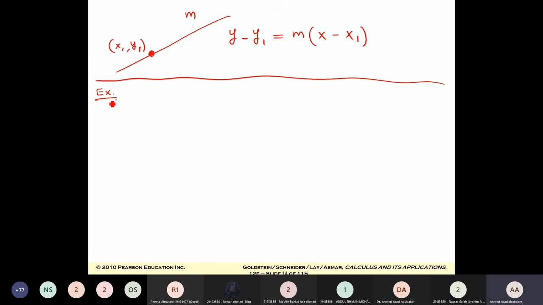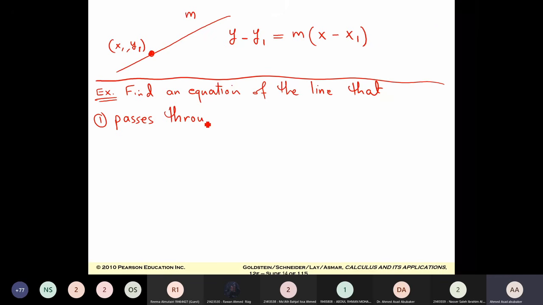Find an equation of the line that, number one, passes through the point, for example, (-10, 2) with a slope, for example, m equals -3.